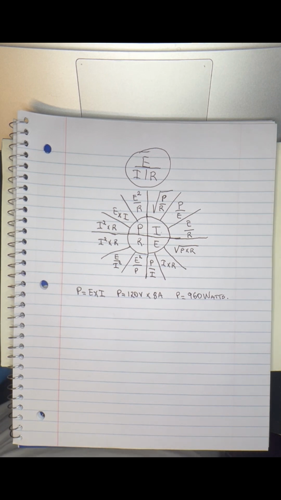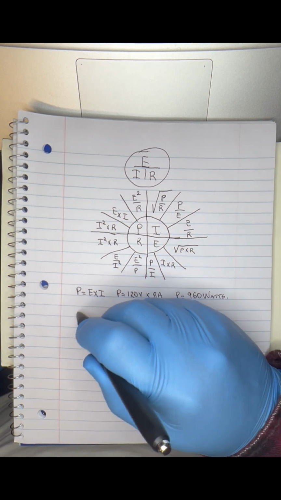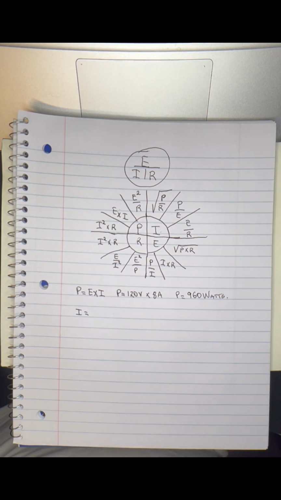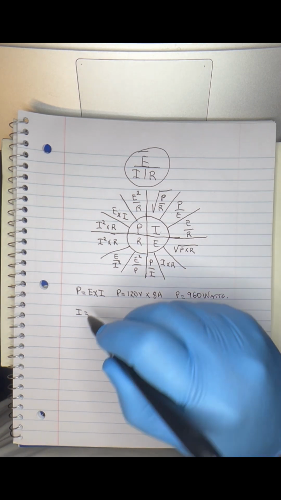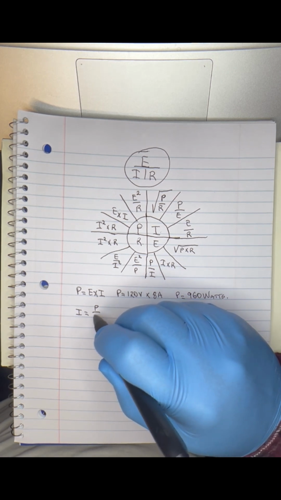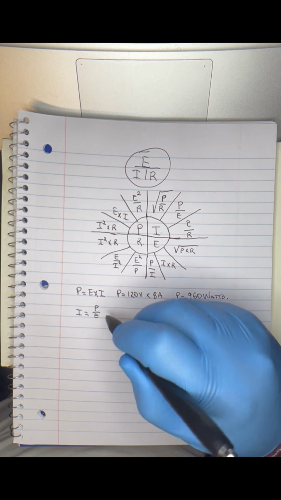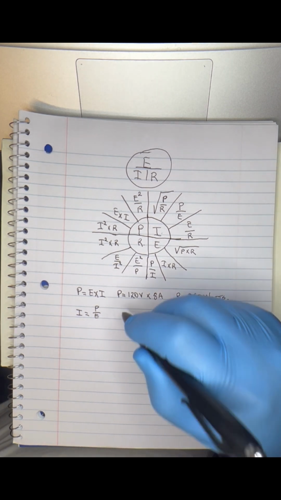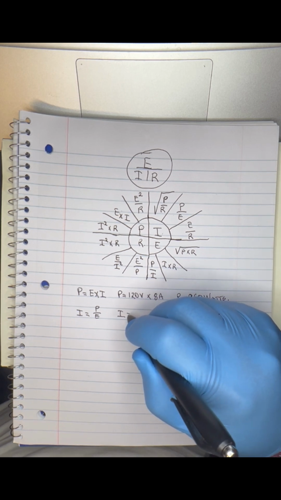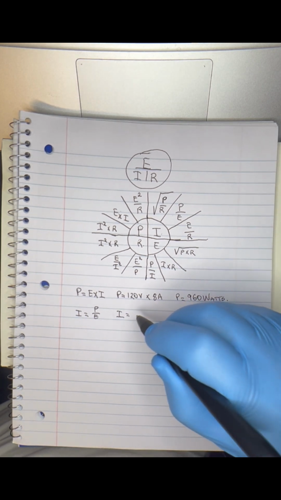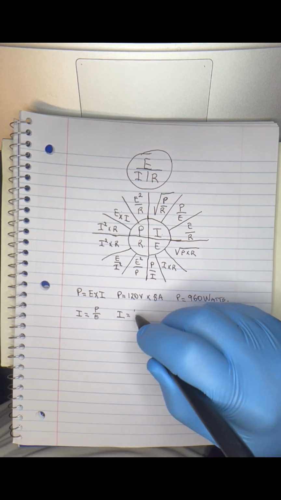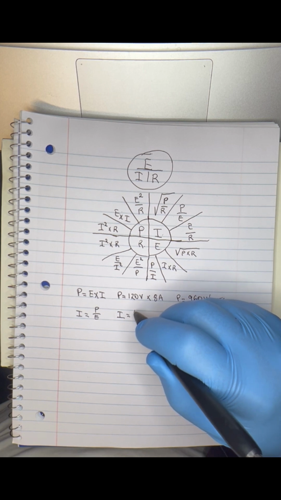Now, for example, we're trying to find I, or amps. And we have P, and we know E. Therefore, I equals, this could be, again, anything, a hair dryer, a microwave oven, anything.